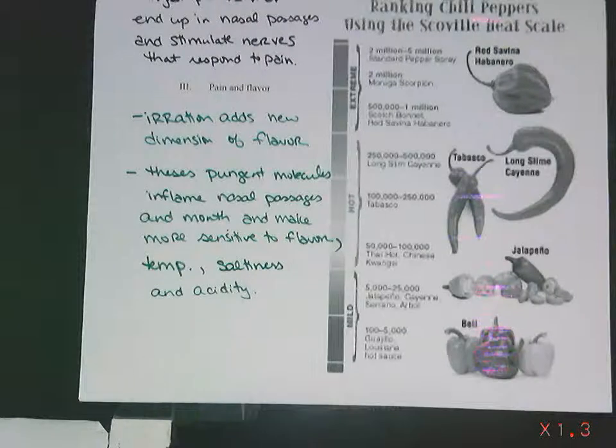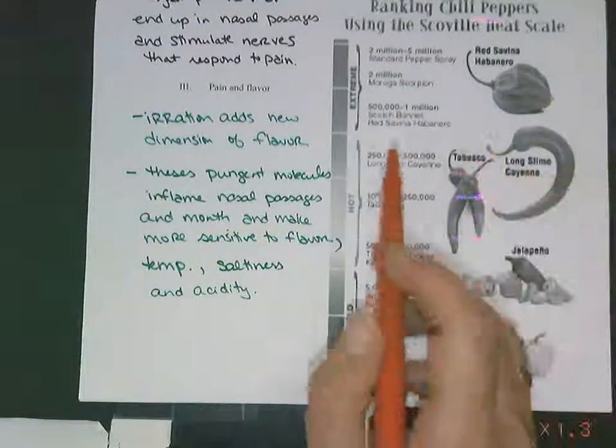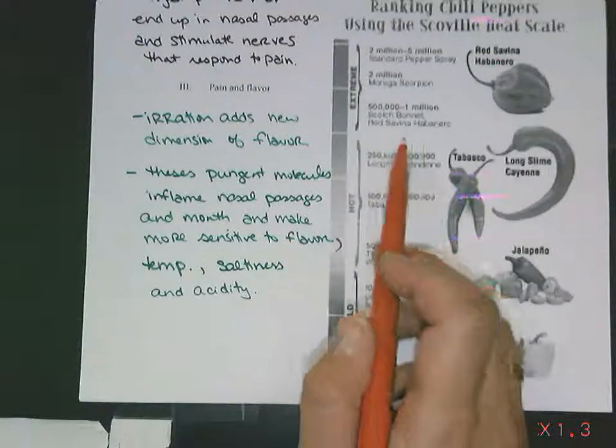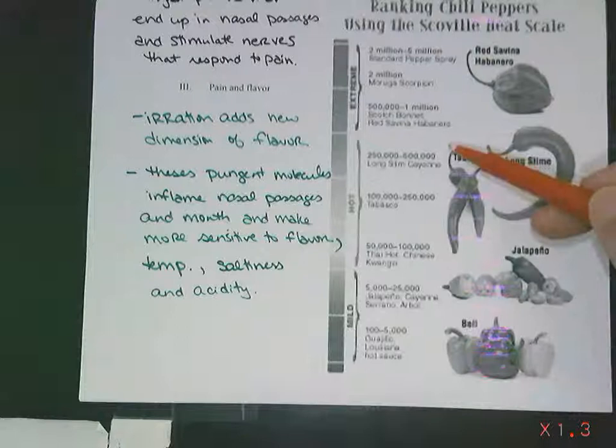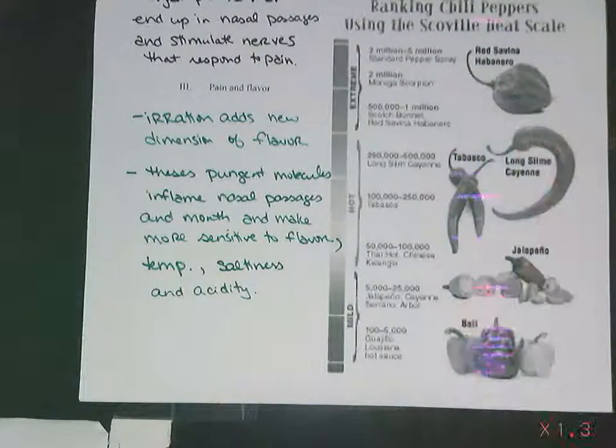Now, there's obviously a limit to this. If you choose a strongly pungent molecule, like something over here on the Scoville scale in the millions of Scoville units, past cayenne pepper into habaneros and pepper spray, then you actually are going to desensitize your mouth.